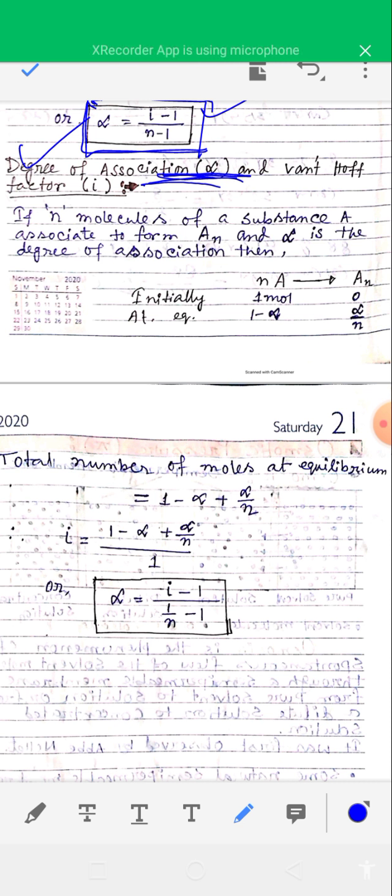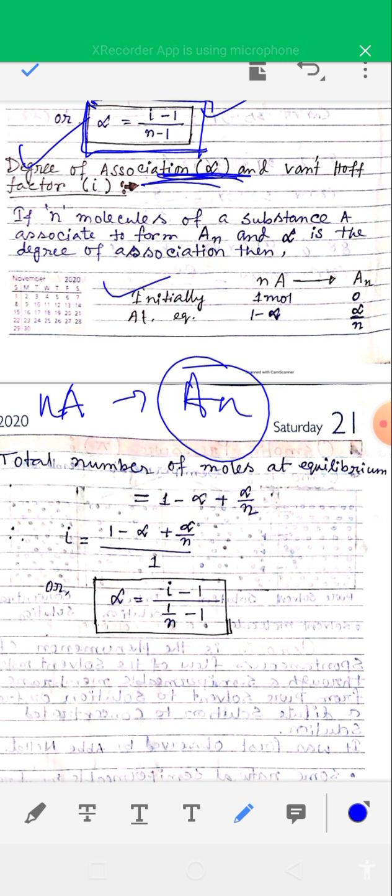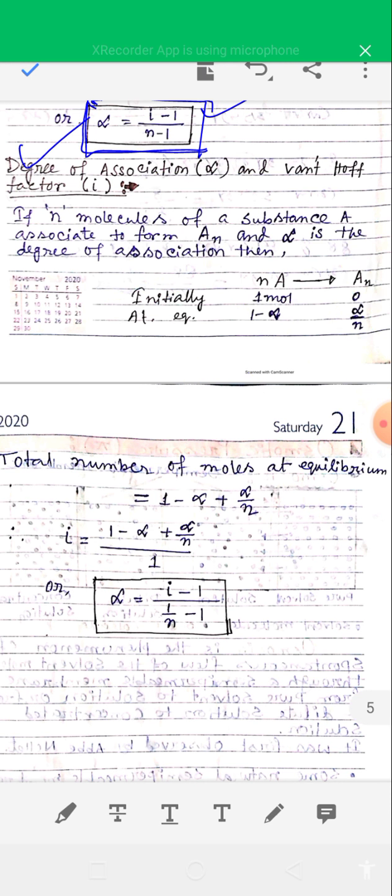Suppose n moles of molecules of a substance A associate to form An, that is, polymerize. The initial mole number of A is 1 mole and of An is 0 mole, and at equilibrium the mole number of A is 1 minus alpha, where alpha is the degree of association, and the mole number of An is alpha by n.